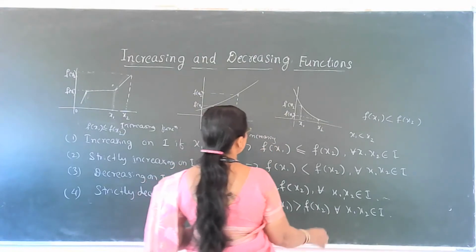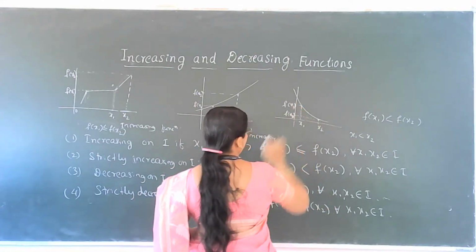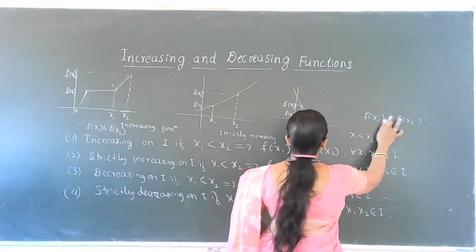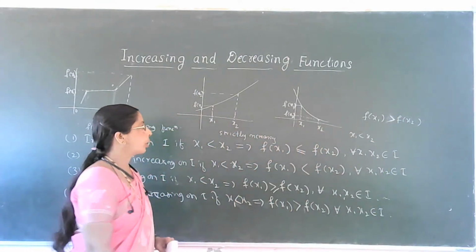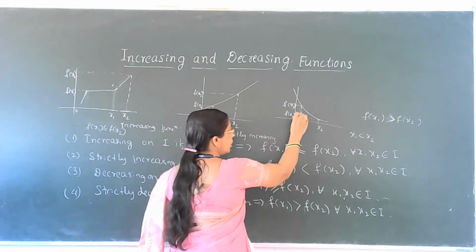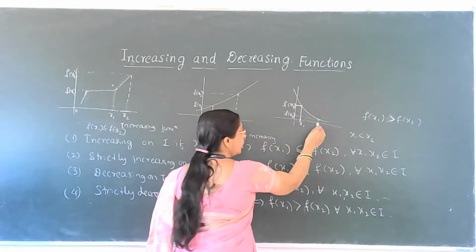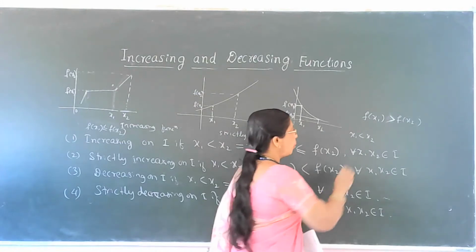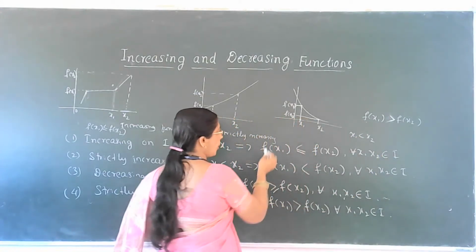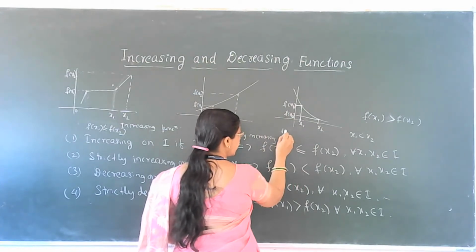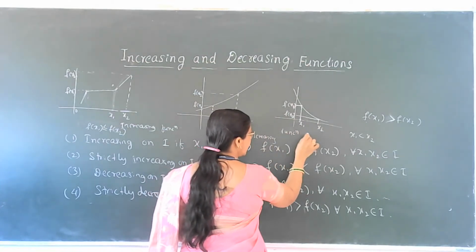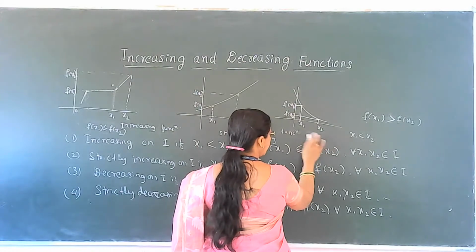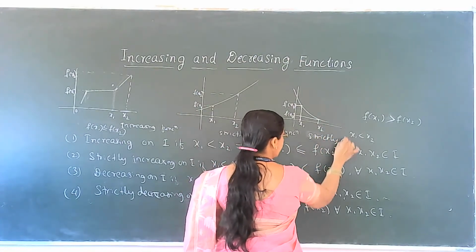Here it is x1, x2, and f of x1 is greater than f of x2. Therefore, x1 is less than x2 and f of x1 is greater than f of x2, so the function is decreasing or strictly decreasing.